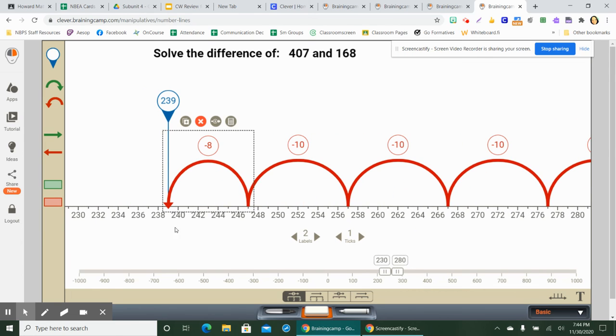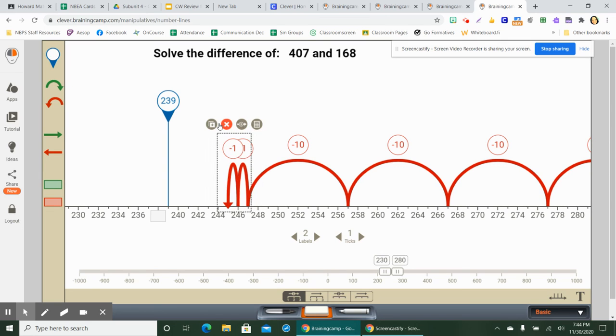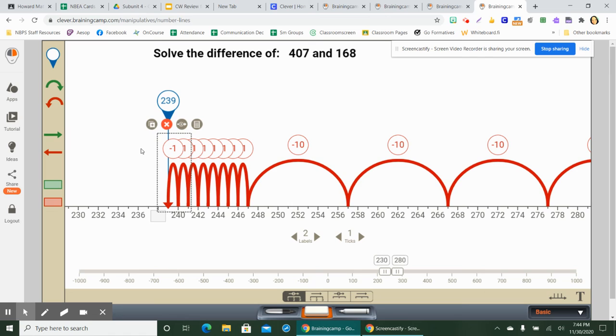This really should be, like I said in the last one, but I can't get it to work. Let's try again. There we go. And now I should have 8 of them. So 1, 2, 3, 4, 5, 6, 7, 8. And again, it lines up and I have my answer.